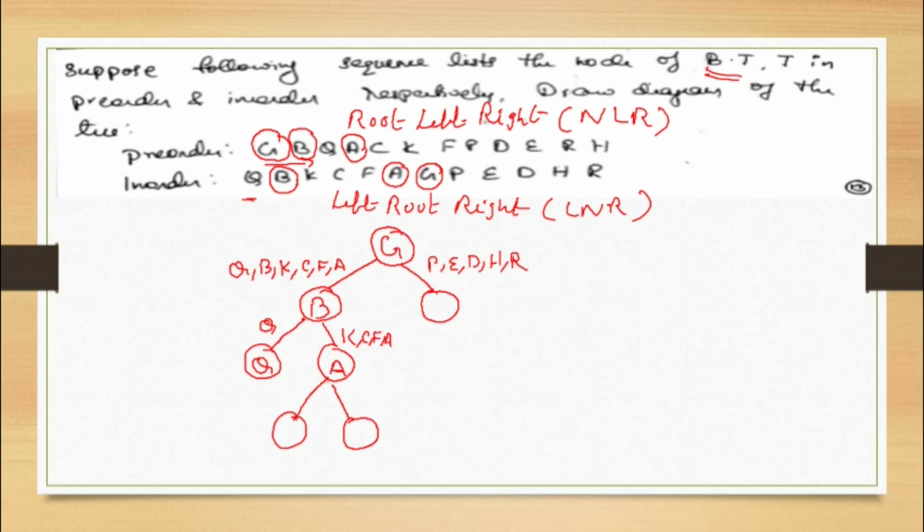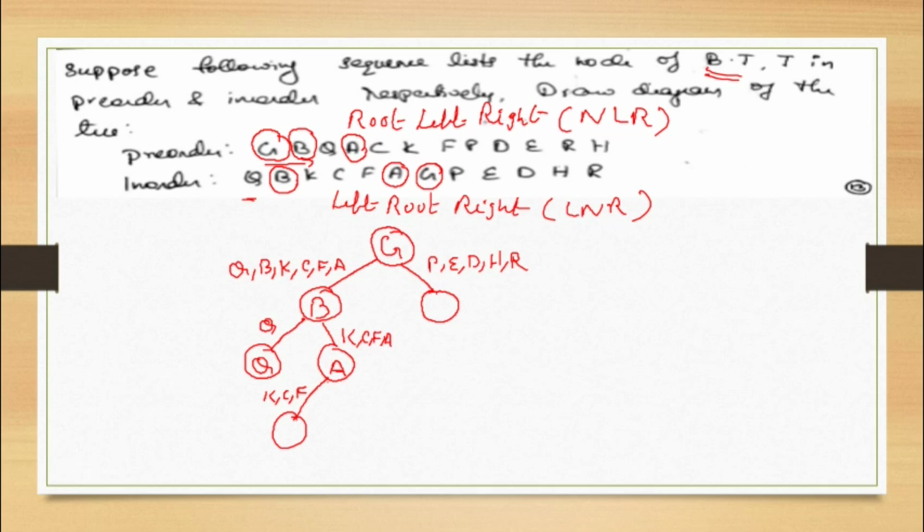We observe that we don't have anything to the right of A, correct? We have everything to the left, so K, C, F comes there only. We don't need this, so I'll simply crop it out. In K, C, F, what comes first?